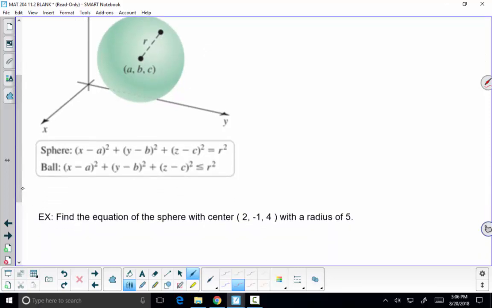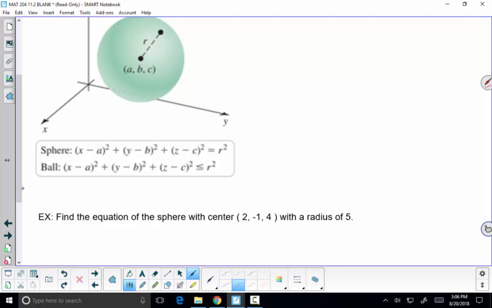This is the sphere with center a, b, c and radius r. If we want the ball, we have to turn it into an inequality because we're not just talking about the surface, we're talking about all the points on the inside. So the ball is the points whose distance squared is less than or equal to r squared. That would fill it all in. So we've got a solid ball.